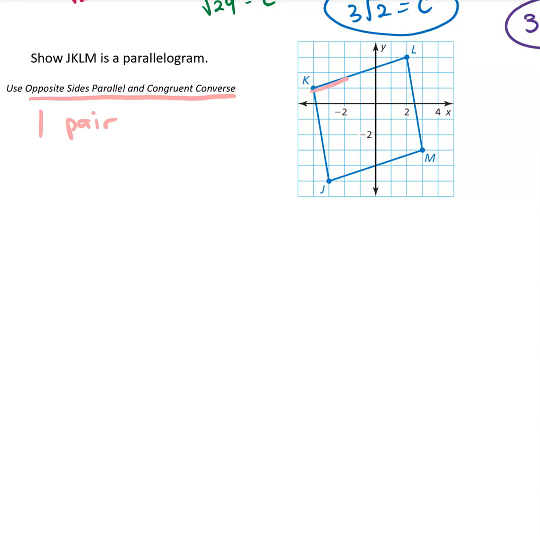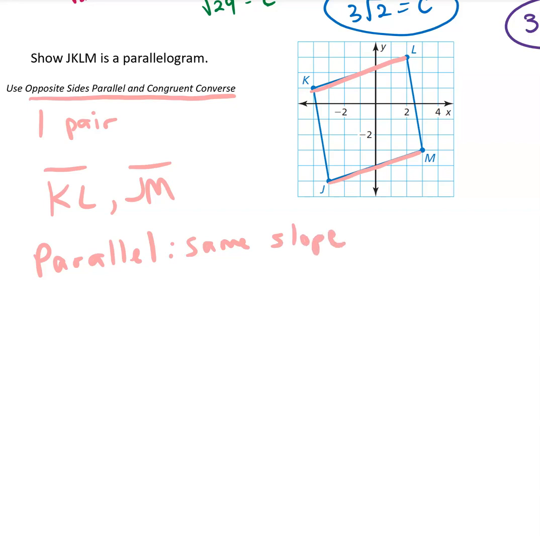So I'm going to pick KL and JM. And I need to show that they're parallel. And I do that by showing they have the same slope. And then I'm going to show that they're congruent by finding their lengths.